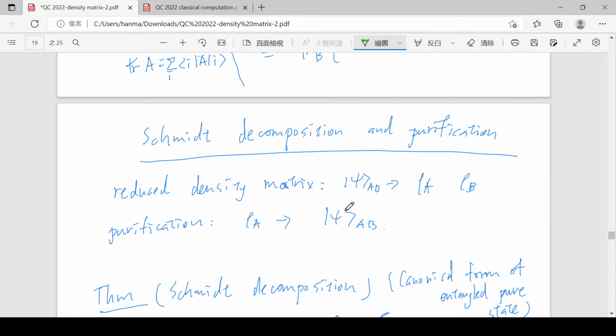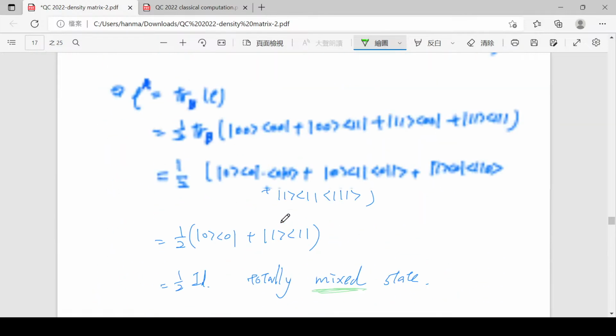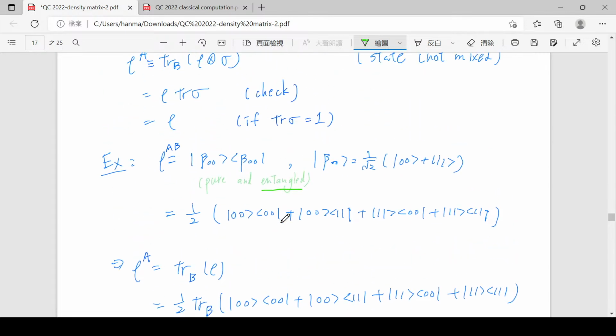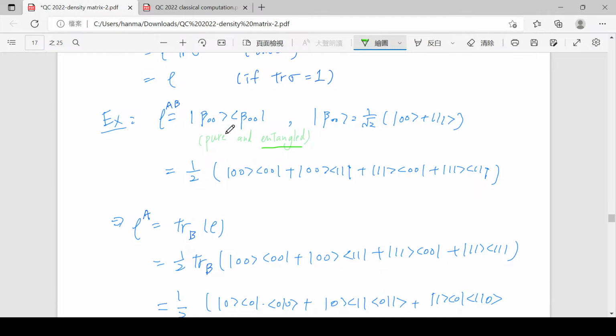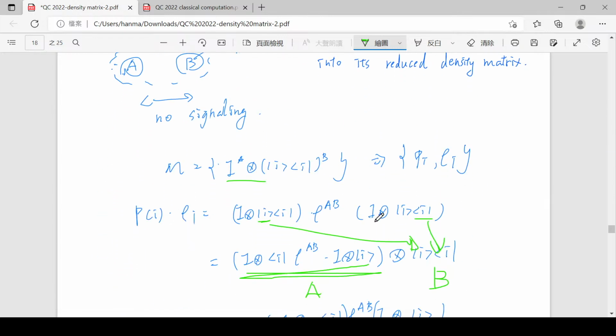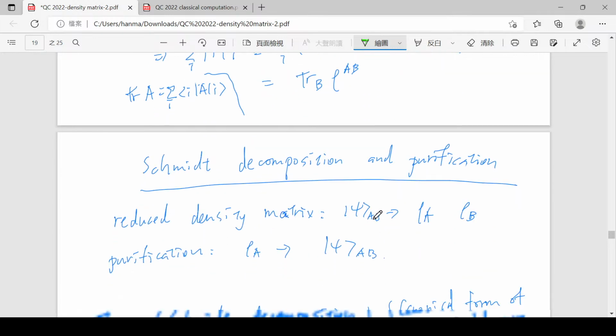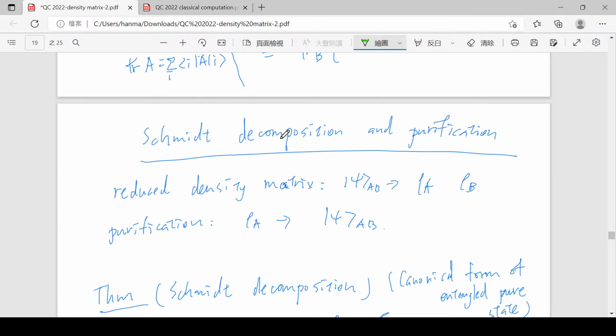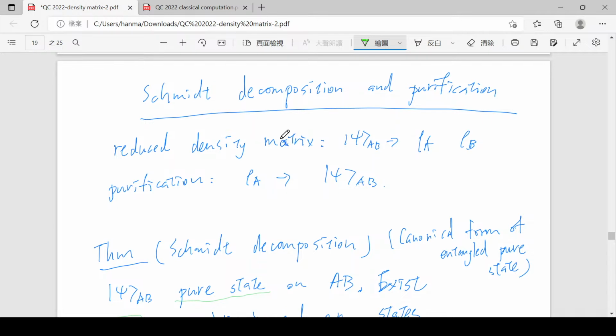So this is the thing we kind of talked about. In our reduced density matrix of Bell state example, we said this is an entangled state here, and that's why you get your reduced density matrix being a mixed state. Okay, and now we'll make this a bit more rigorous by talking about Schmidt decomposition and purification.